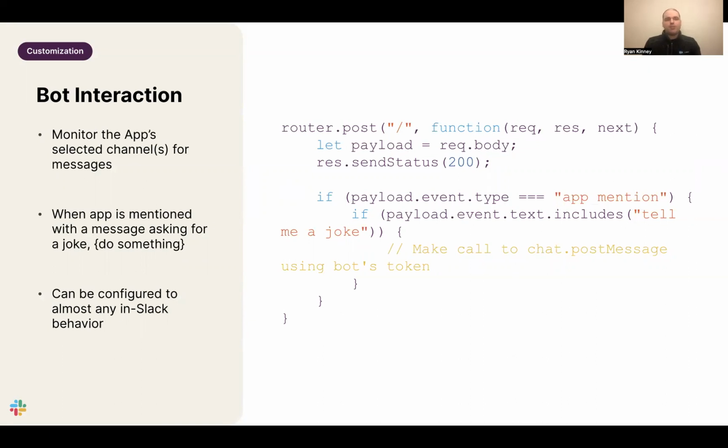In the example on the right here, a bot listens to its pre-selected channel for an @ mention. Once it's mentioned in a message, it checks that the message is a request for a joke, and then it does something. You can use this basic framework and extend it to almost any level of interactivity or complexity that you want.